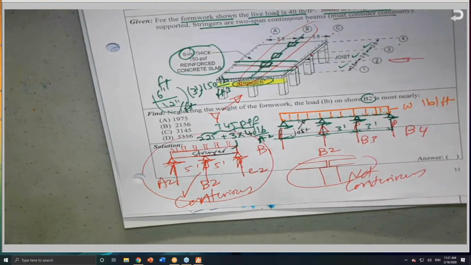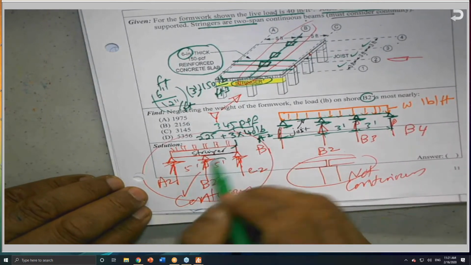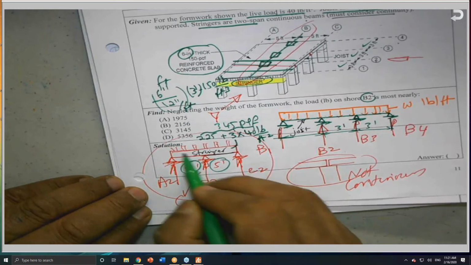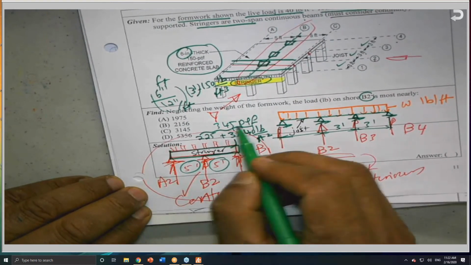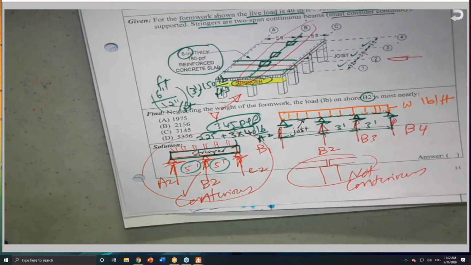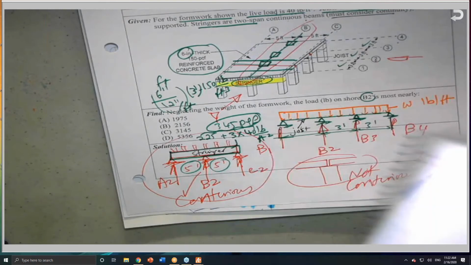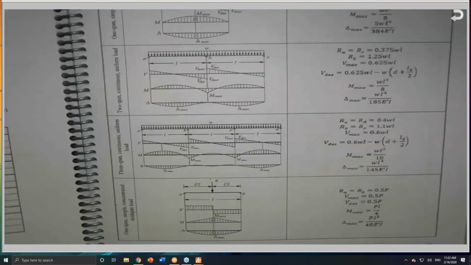So right now I am dealing with a continuous beam, two span, carrying a load of 345. Go to the steel manual, go to your book here, this summary book, the AMBM. Let me see if I have it here. Yes, here it is. Can you look at this case here?